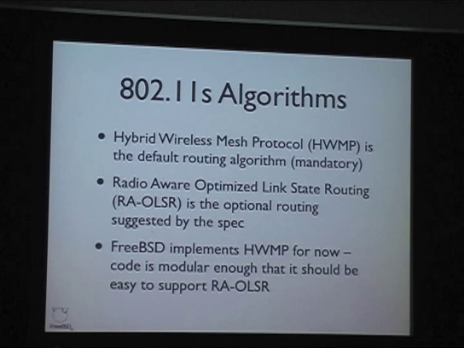I will explain HWMP shortly. Radio-aware OLSR is another routing algorithm that you can use. This is the one that's not yet implemented on FreeBSD, but it could be. It's not hard to do.